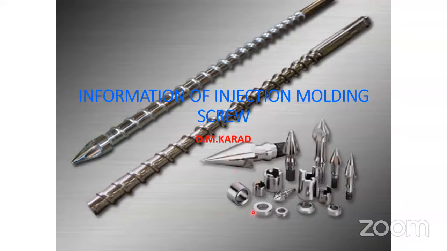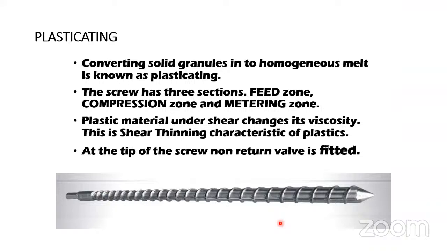And multiple ears we can add there. See, here also we can add. There is a slot to add this. If you want a turbulent flow or a linear flow, you can easily add this type of element in the screw. Now, friend, see, this is a screw.